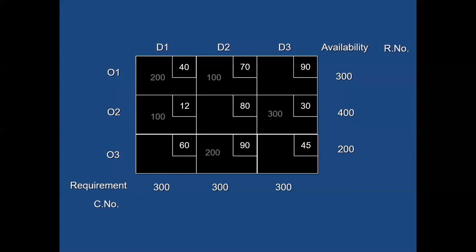Secondly, this is the feasible solution which I have got. And it is feasible because the number of allocated cells, which is 5 here, is equal to m plus n minus 1, that is 3 plus 3 minus 1, that is 5. Okay. So I can go ahead and now find out the values of row numbers and the column numbers.